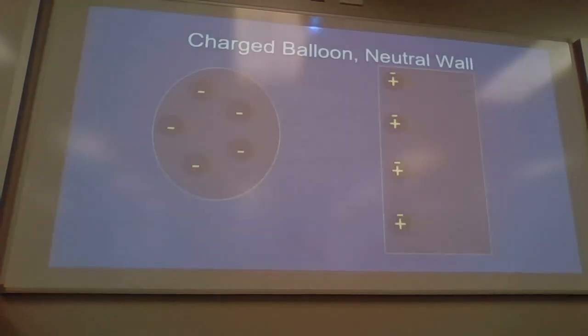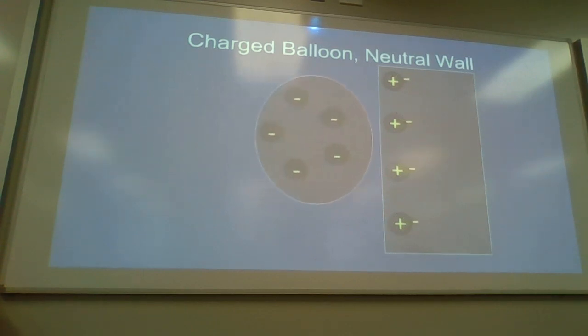Okay, here's an example of that. If you take a balloon and you rub it on anybody else's head but mine, it'll stick to a wall. You're charging the balloon, and you bring it over this neutral wall, and as you do that, the electrons in the molecules are repelled to the far side of the molecule.